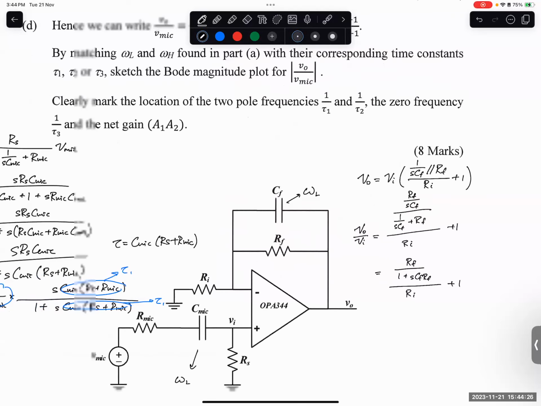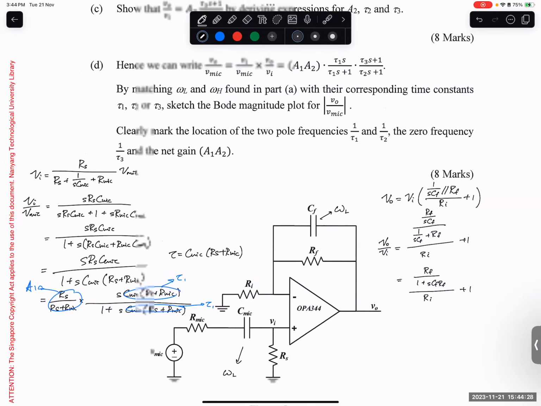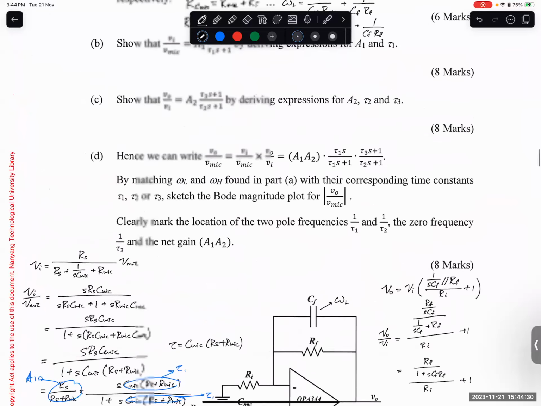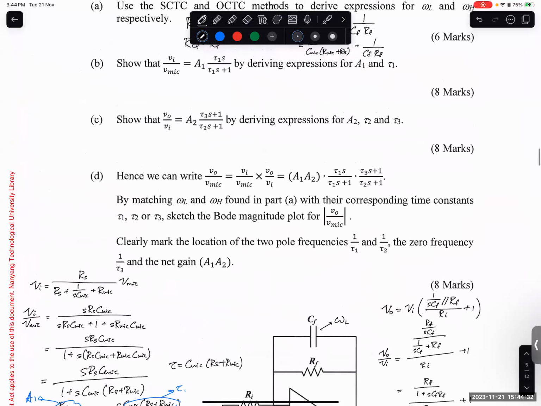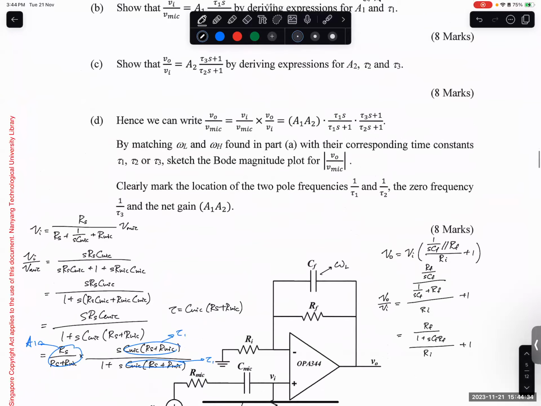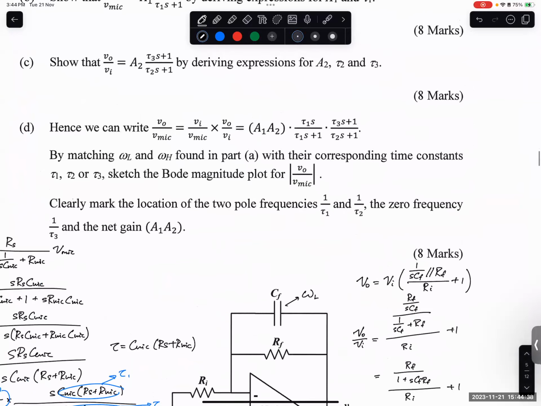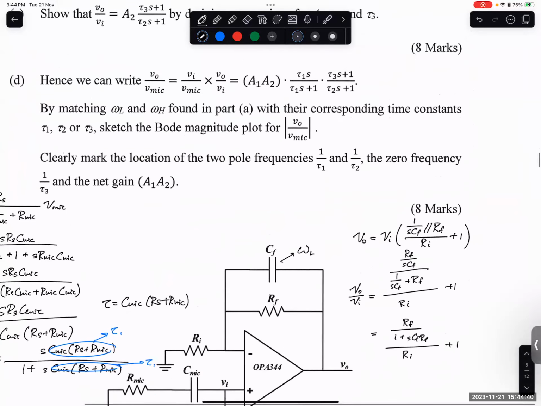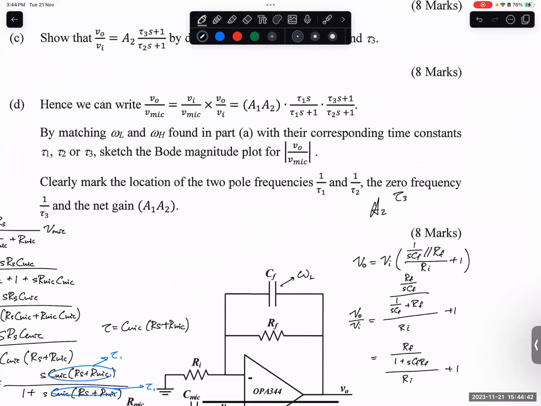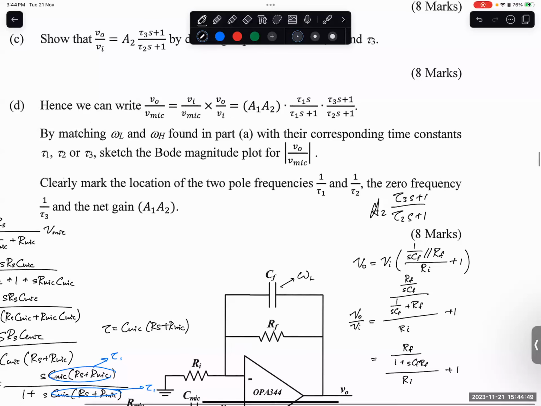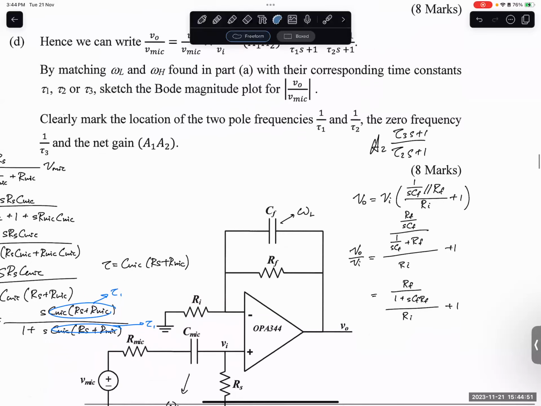What's the expression we're supposed to get? We're supposed to get A1, then something plus 1 below, is it? Oh, everything plus 1 there. Interesting. So it's A2 tau 3 s plus 1, divided by tau 2 s plus 1, right? We're supposed to get this.